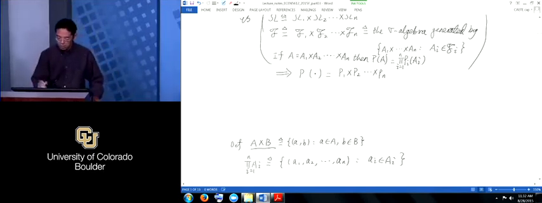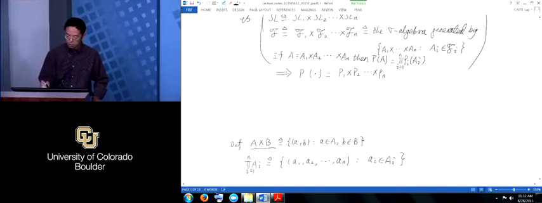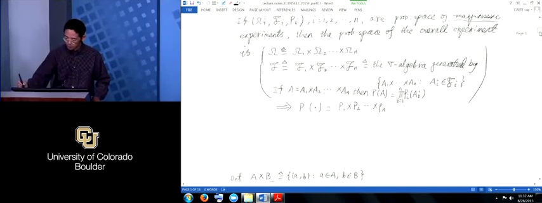These are just some of them, and then you can produce many others by doing complement and union, and you put them in here, and it becomes closed. Then you have this new sigma algebra.